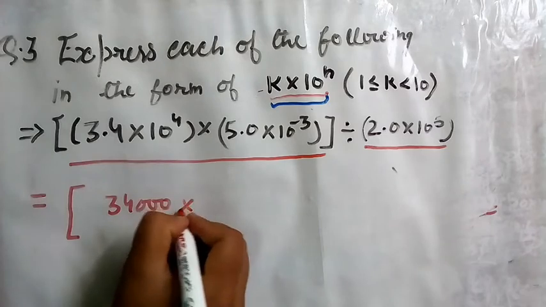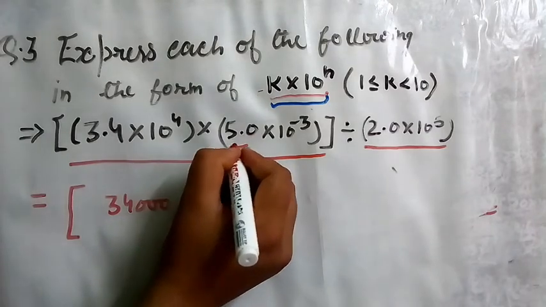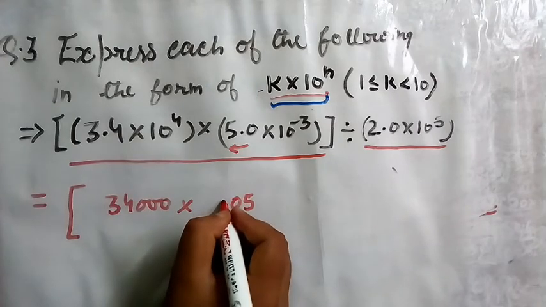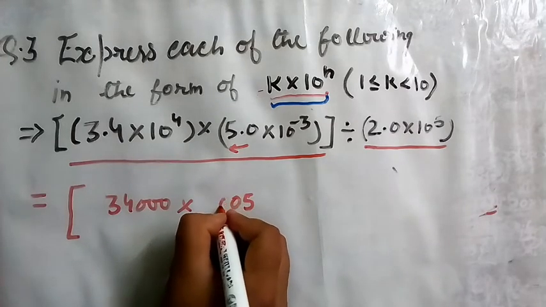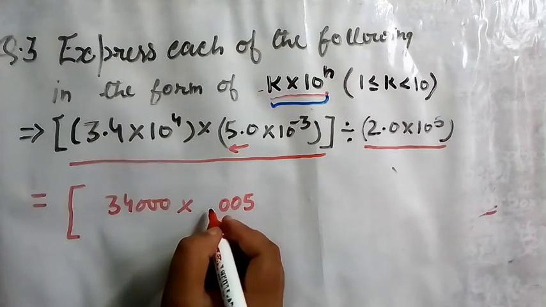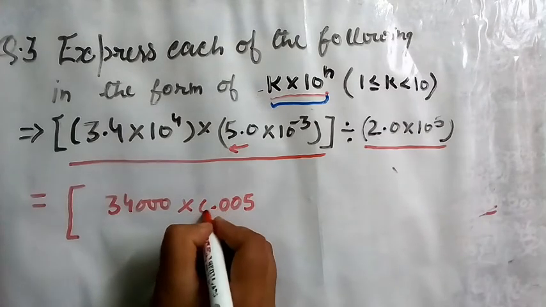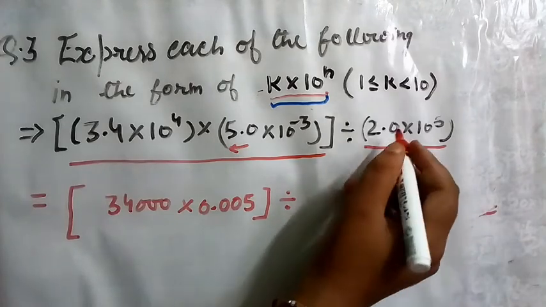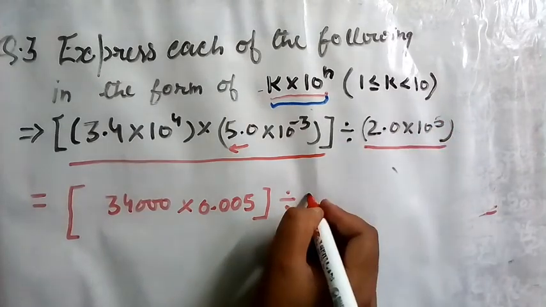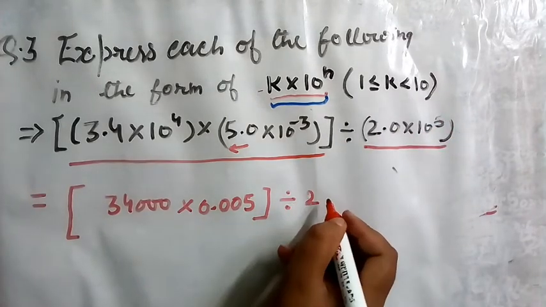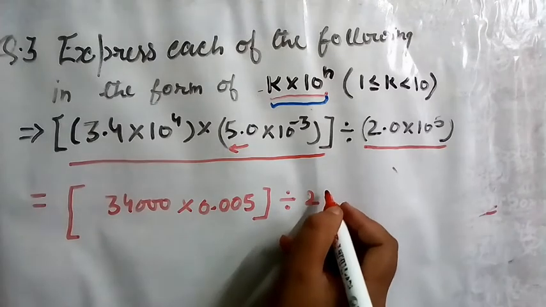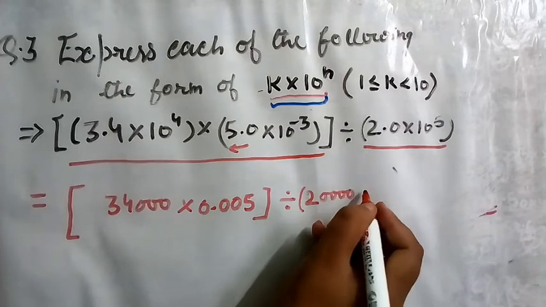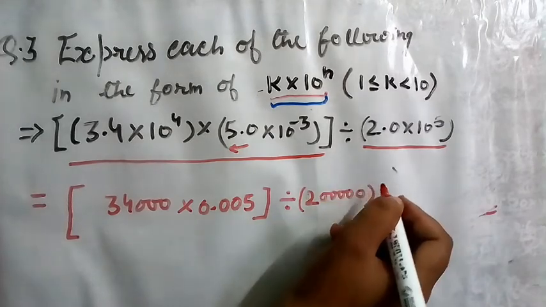Multiply by, decimal will go towards the left side, so it will be 0.005 whole divided by, now here the power is positive, so it will be 2, and after that raised to power 5 is there, so 5 zeros.